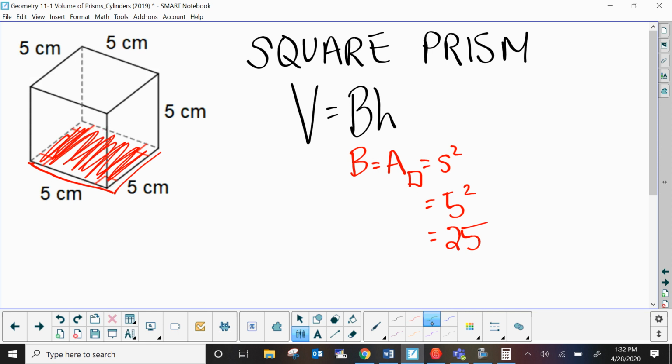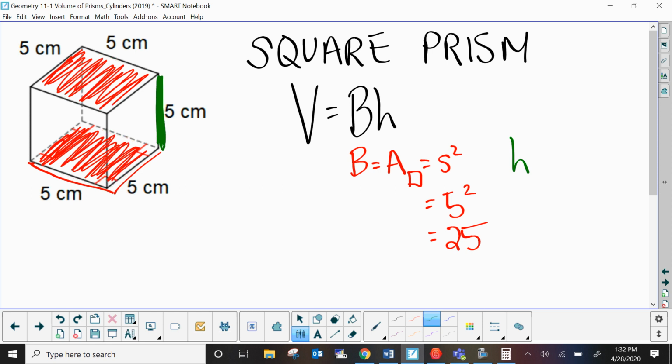The height of the prism is the distance between the bases. Because we chose this as a base, then this is also the base, because remember, bases in prisms are parallel and congruent. So it's like the top and the bottom of this cube. So what I need to do is find the height of the prism, which is the distance between those bases.